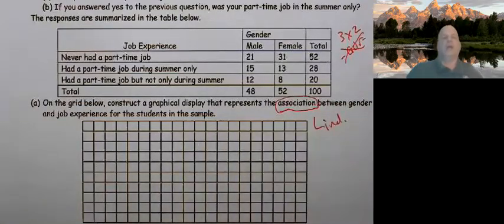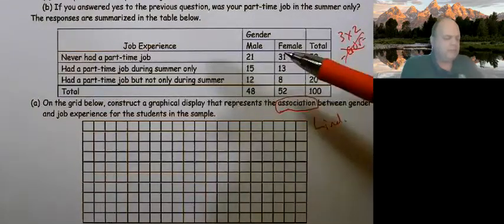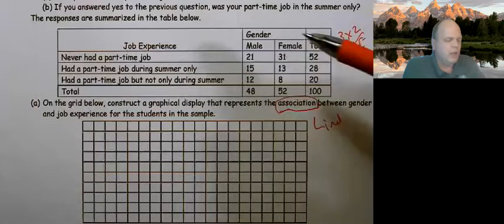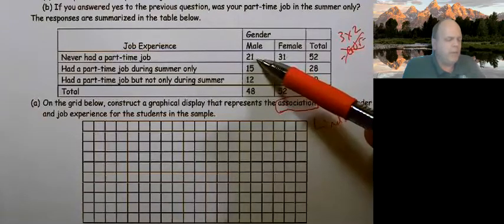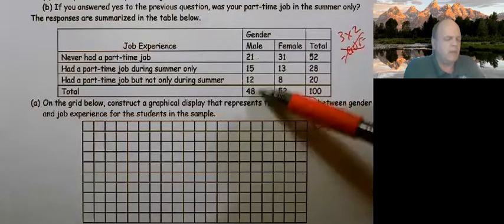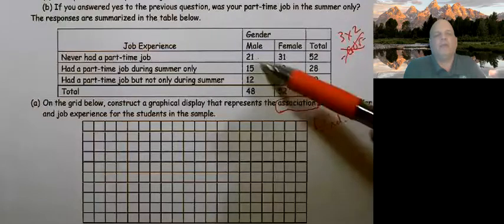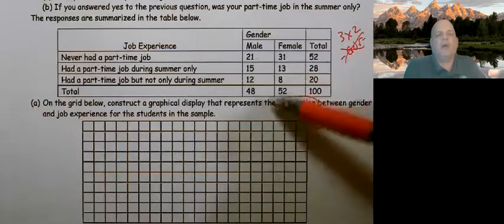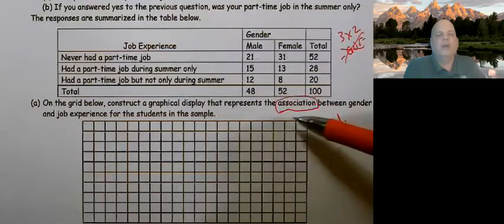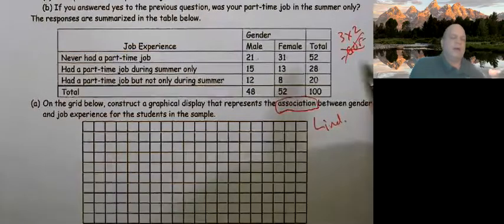And the only reason I say it's unlikely, they would have to say, is the proportion of people who never had a job different for males than for females? Then I could compare the proportion for those who never had a job. But if I want to know job and gender experience, okay, so 2 proportions, all right.